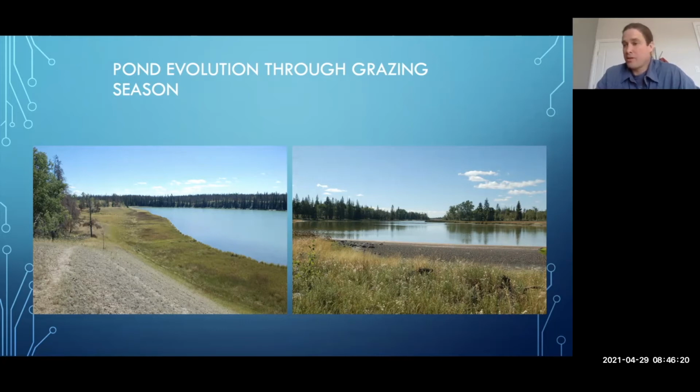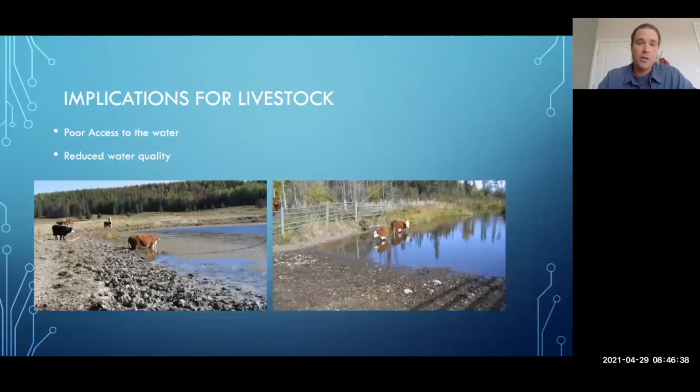But overall, if we're looking at a risk to livestock water source, we're considering what's happening in terms of a function of the pond through the grazing season. And so in terms of livestock use and implications for livestock, that leads to some of the stuff we discussed in the previous webinar around poor access, which can mean less time for animals out actually feeding.